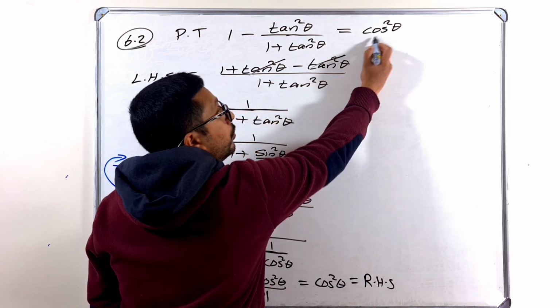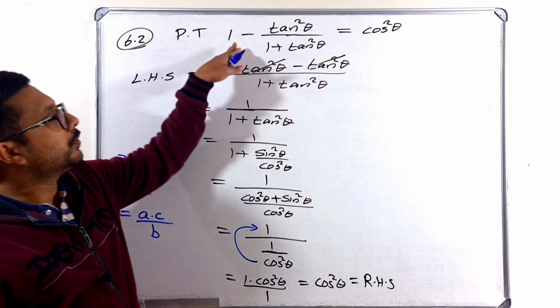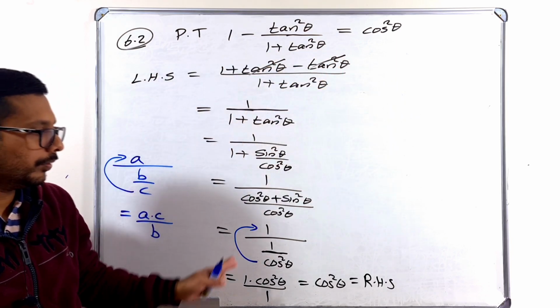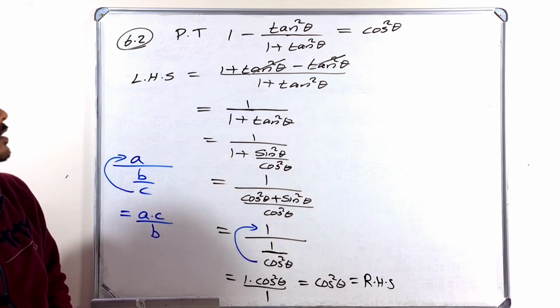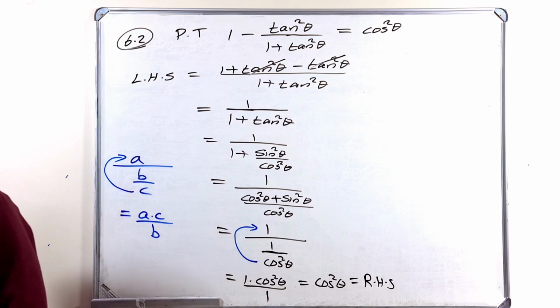That is what we want to prove. So we took the left hand side, simplified it, and got the right hand side. So that is 6.2. Now let's go to the next question, 6.3.